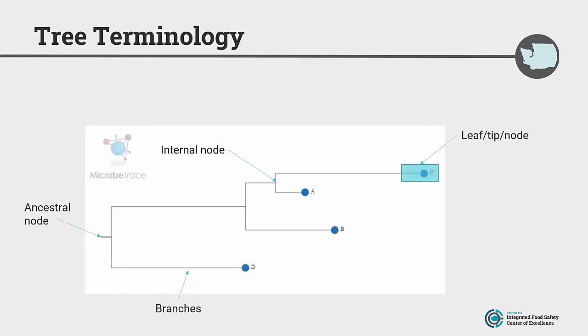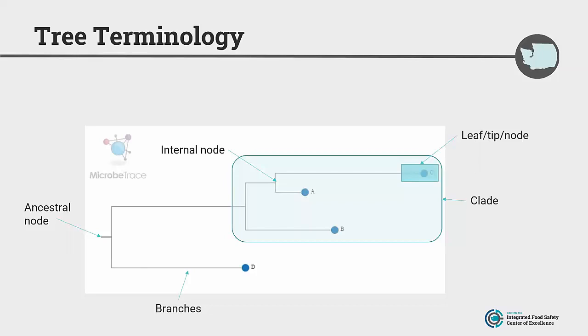So let's talk about some tree terminology that you might hear. Out on the edge, we have A, B, C, and D, and those can be called a few different things. You might hear leaf, tip, or node. And then at the intersection between A and C, those are called internal nodes. And then the branches are the horizontal lines connecting your isolates.